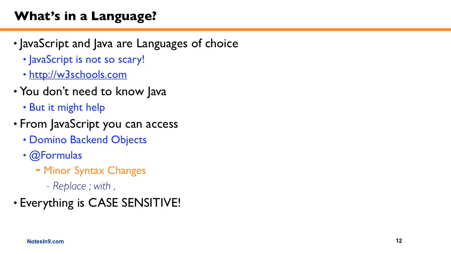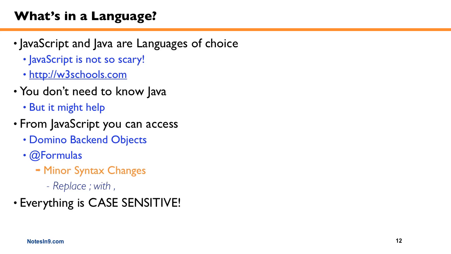You don't need to know Java, but it might help because you can use Java objects directly inside server-side JavaScript. So that's kind of powerful and kind of cool. Server-side JavaScript is not really JavaScript, it's just a syntax. We get some other things in it, like we can use the Domino backend objects that you use in Lotus script.